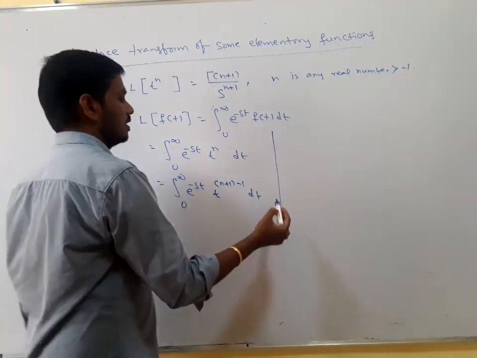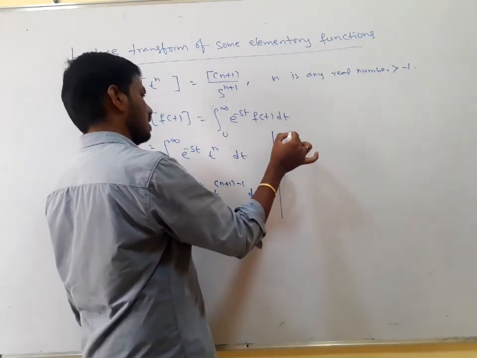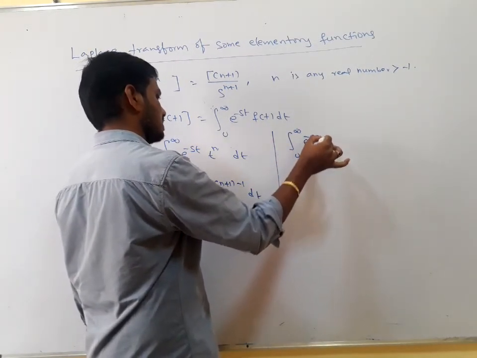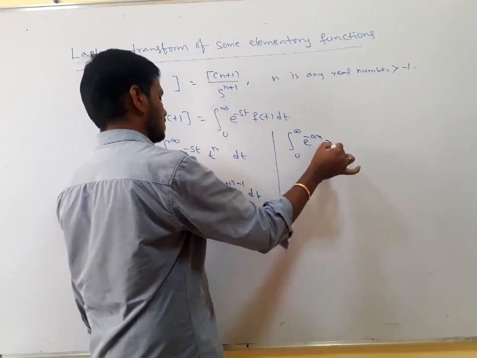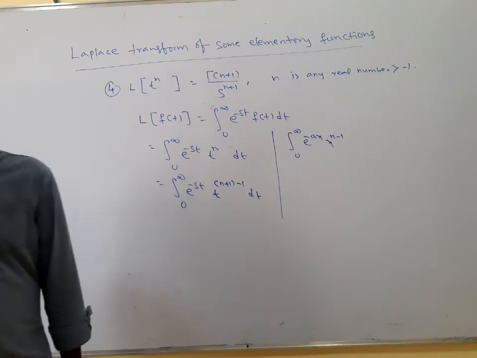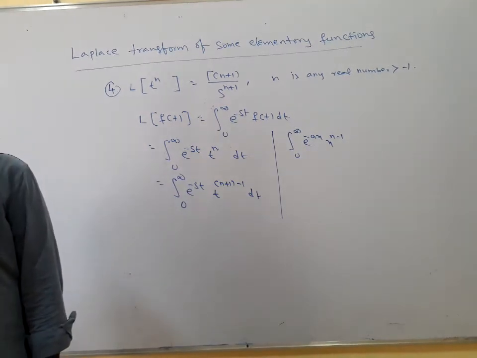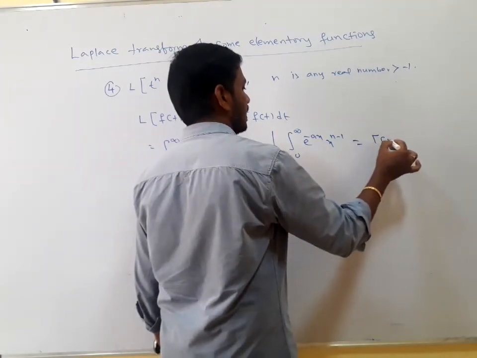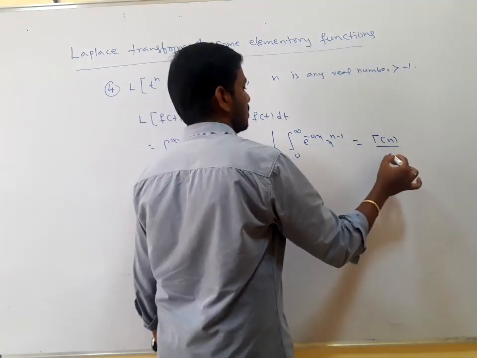But we know from the gamma function that integral 0 to infinity e to the power of minus ax into x to the power of n minus 1 is equal to gamma of n divided by a to the power of n.